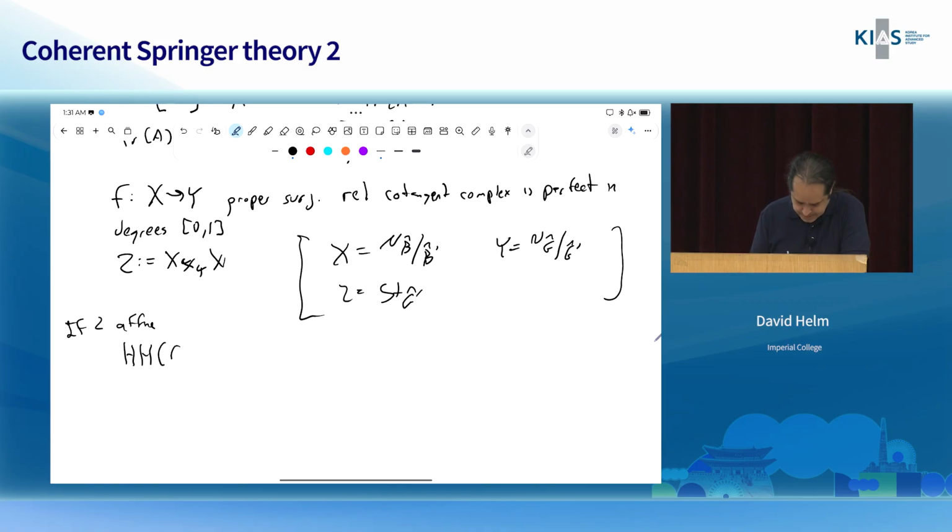if Z is affine, we've seen that the Hochschild homology of QCoh of Z was equal to functions on the loop space.